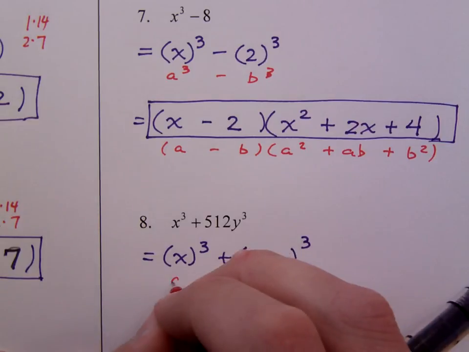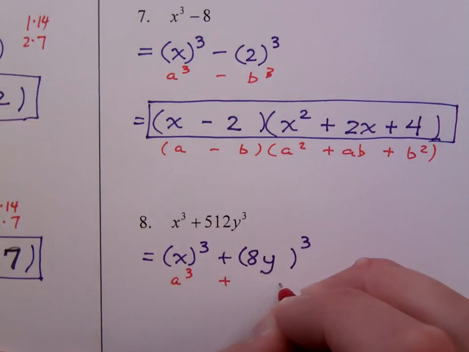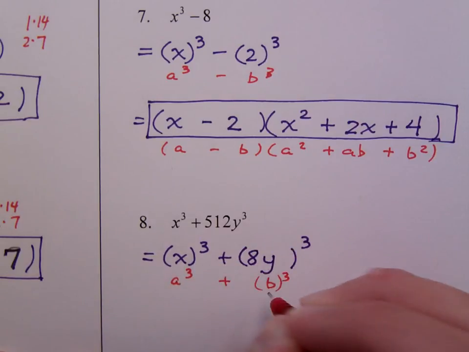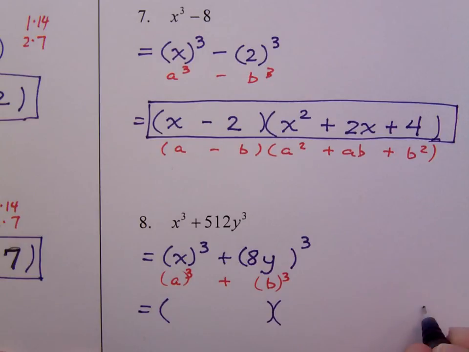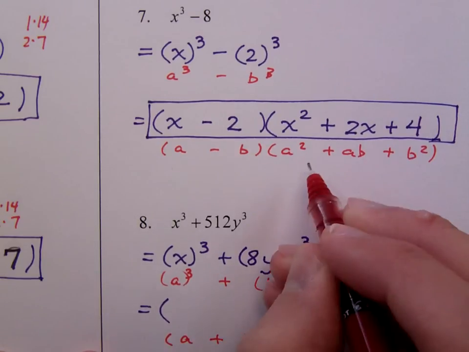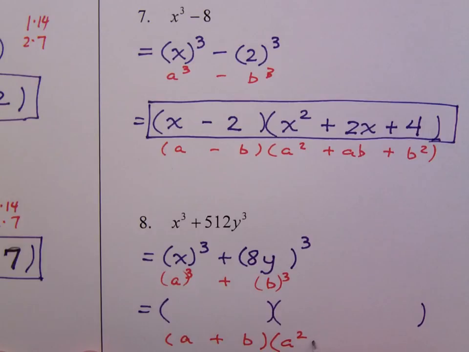So when I'm trying to factor a to the third plus b to the third, the pattern is very similar to what we just saw above in number 7. Except instead of going a minus b, it goes a plus b for the first factor, and then this is a squared minus ab, but the last piece is always positive.